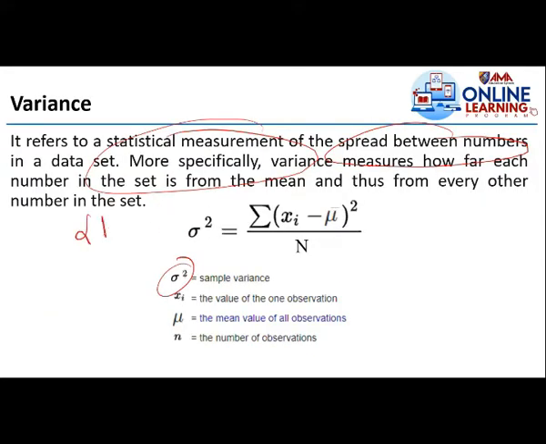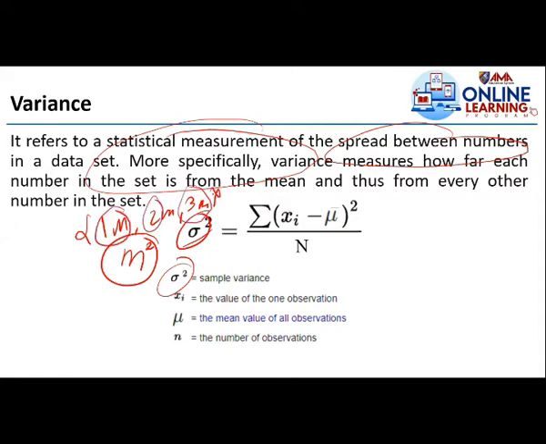Halimbawa, same ang data set. Okay? So if you get the variance, imbis meters ang output, magiging meter squared kasi nga naka-raise to 2. So the same sila ng purpose pero hindi sila parehas ng result. Mas malaki yung result ng variance.